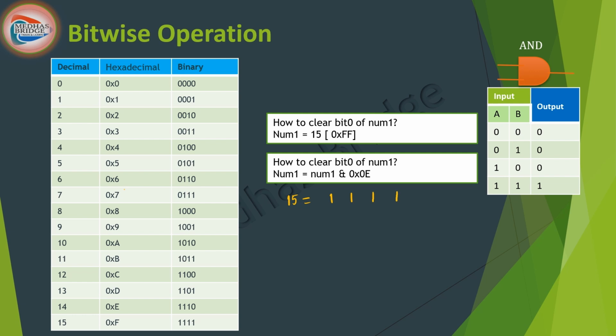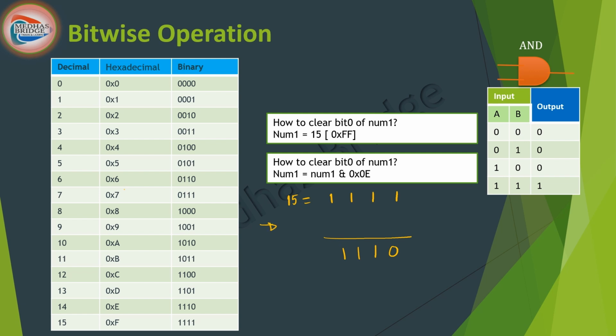The ask is that you have to clear this last bit, so you are expecting the output to be 1 1 1 0. So what is the value that I have to use? What operation am I going to do?